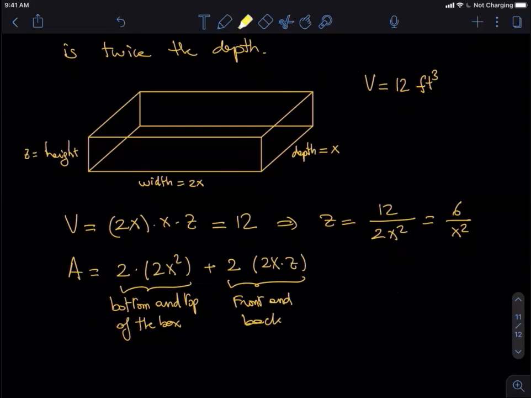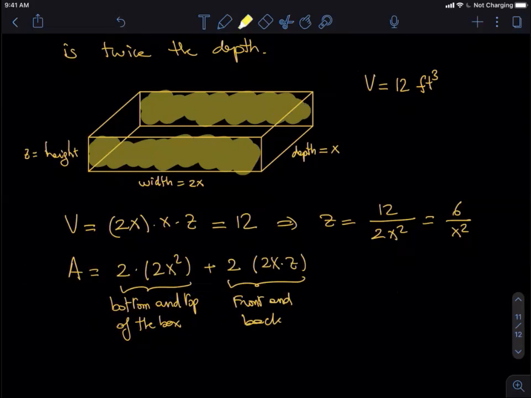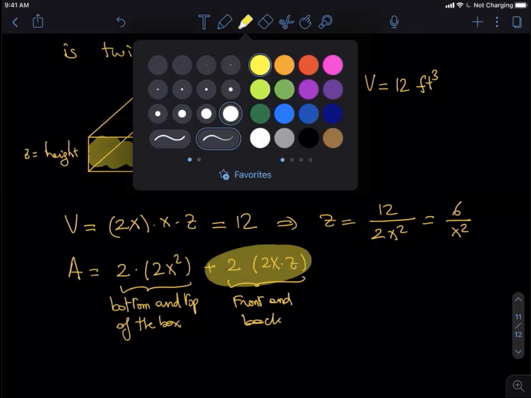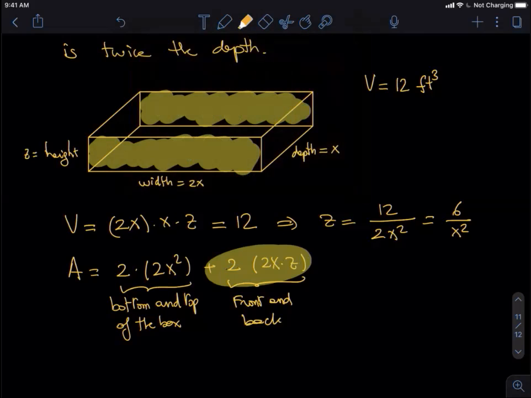In the picture it will be this one here and this one here. Then we have the sides, which will be the next term. So we have two sides, but they are x times the height. These are the sides. And then we have the bottom and top.